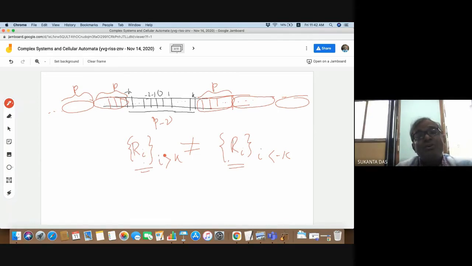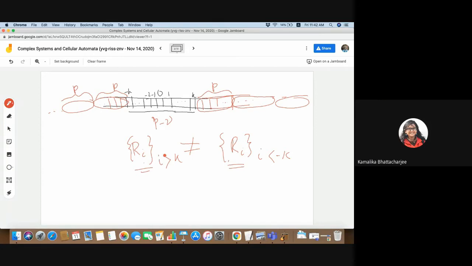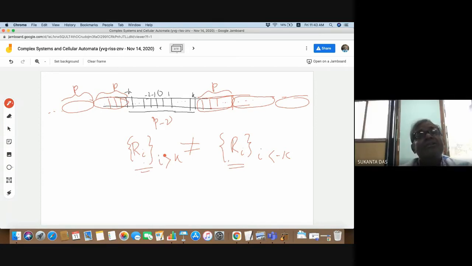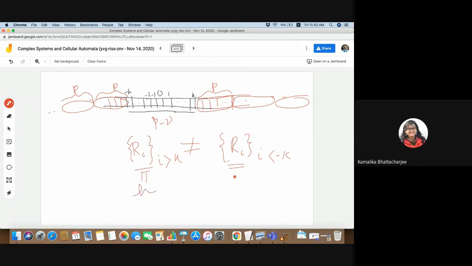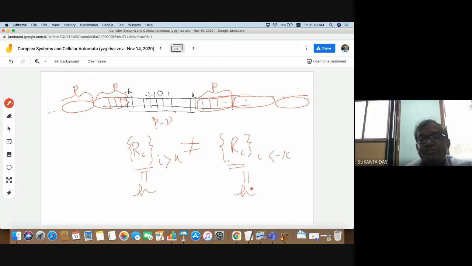And why am I saying that it is a generalization of d-NUCA? Because if I consider that they are the same, that this set is equal to H and this set is equal to H, I mean only one rule is applied.